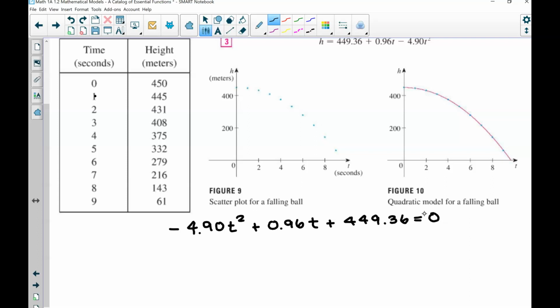Okay, now in order for us to solve, we can either use the quadratic formula or completing the square. So the quadratic formula might seem like the best way of being able to solve for t here. So we would plug in our given information.